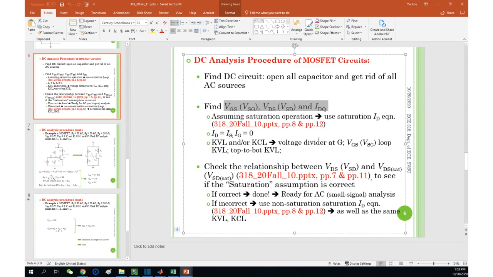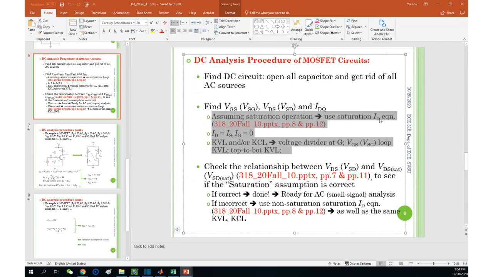And then how do we come up with equations? We have a so-called arsenal. First, you assume the saturation operation region. In the beginning, there's no way for us to tell which operation region it is, so we have to assume saturation. Therefore, we right away come up with an ID equation.